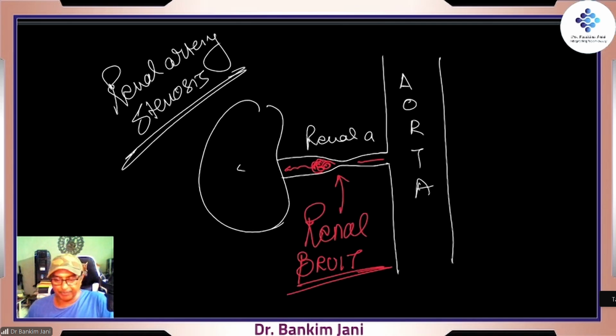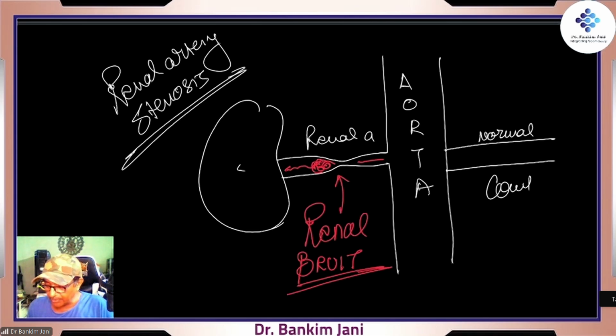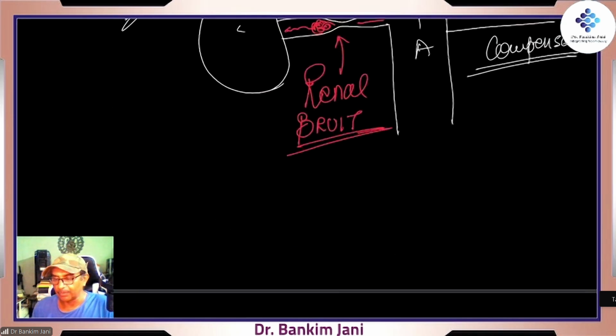Okay, coming back to renal artery stenosis. Usually this is unilateral, and the opposite side will be normal. The normal kidney compensates. So there is no volume overload.